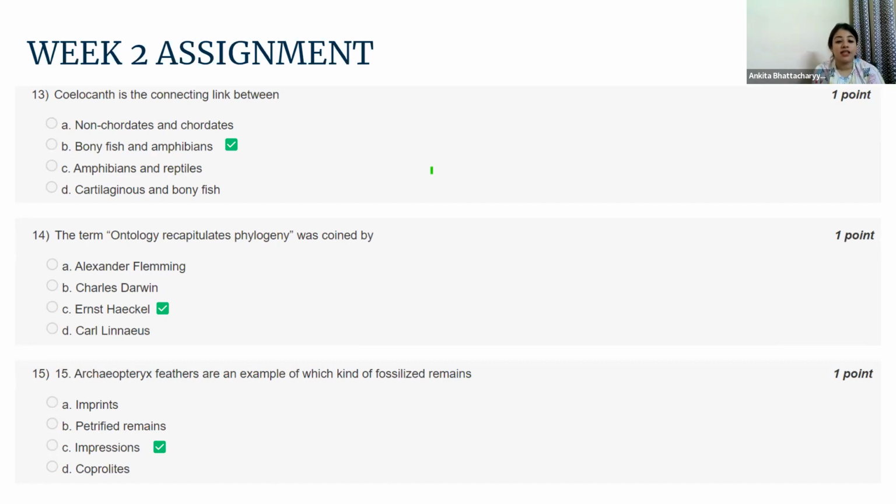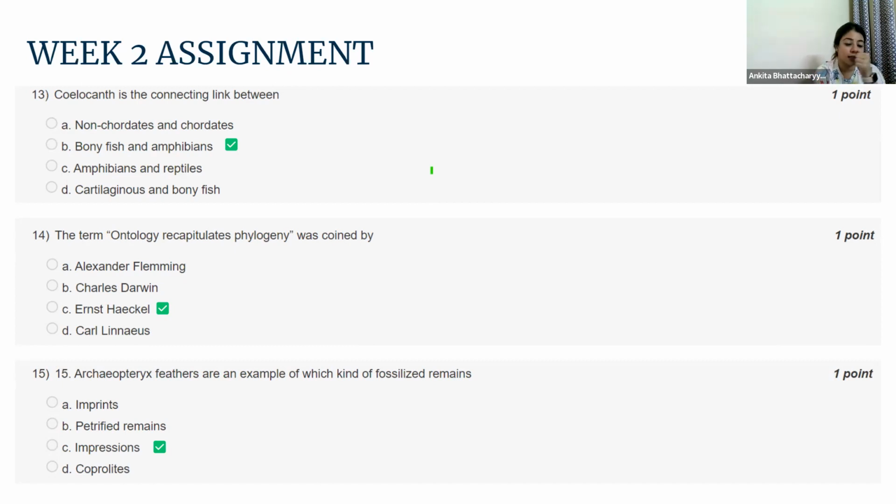Then this very interesting phrase, ontogeny recapitulates phylogeny. Here it's referred to as ontology, but in some places you'll find ontogeny as well. This phrase, not just a term, was coined by Ernst Haeckel, if you remember.